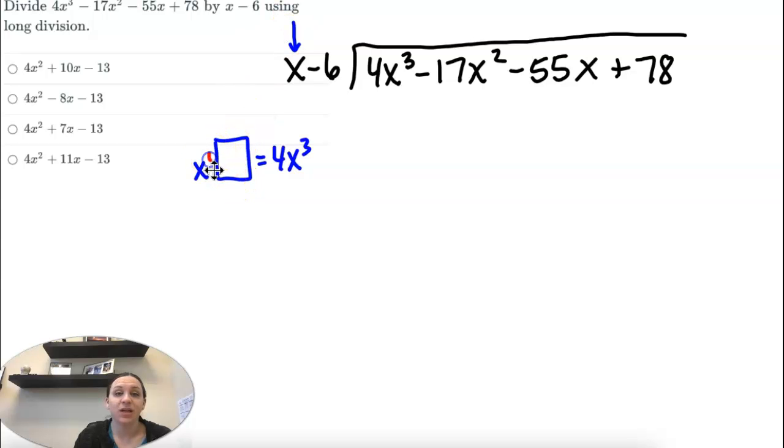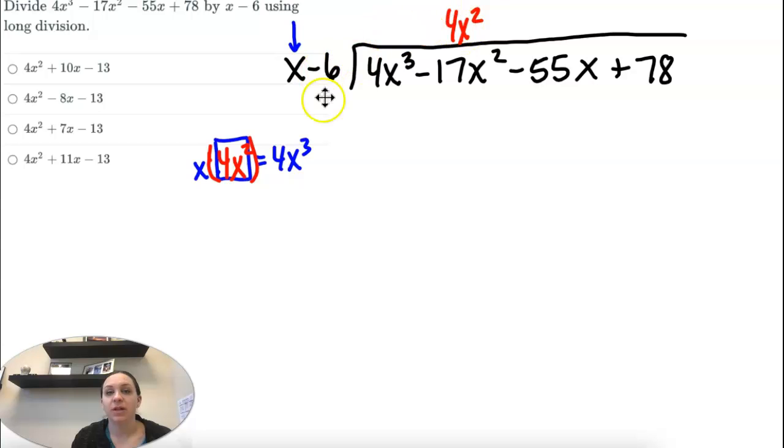So we have one x and we need two more, so x squared, and then we need the 4. So x times 4x squared is 4x cubed. So this 4x squared comes up here. I'm going to put it above the squared.